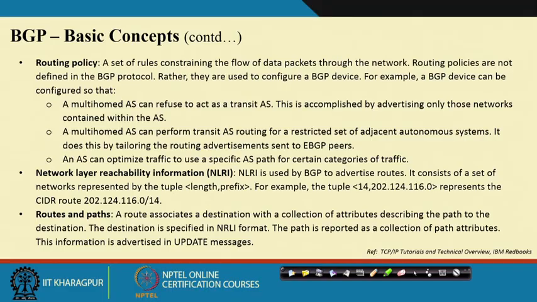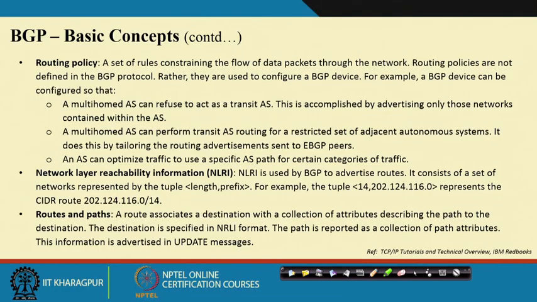This is accomplished by advertising only those networks which are either terminating or originating in that AS, right. So, it is confined within that particular AS. A multi-homed AS can perform transit AS routing for a restricted set of adjacent autonomous systems. It does this by tailoring the routing advertisement it sends to the eBGP peers.